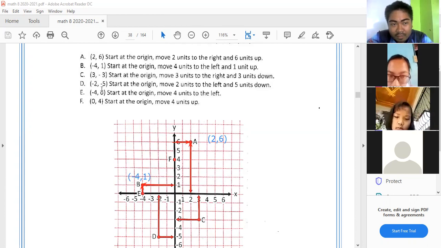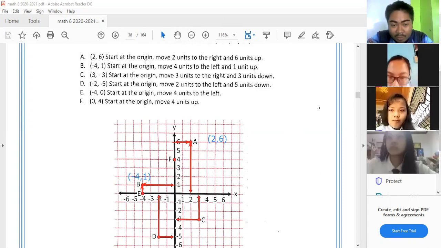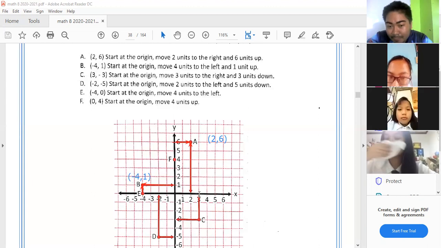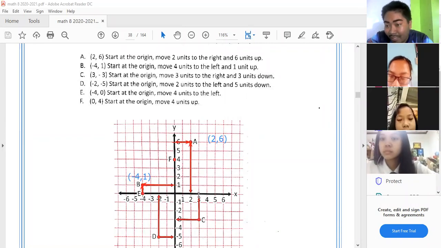Ayan. Next, we have (3, -3). So, saan naman si (3, -3)? That's positive 3 pala. Sorry, (3, -3). So, positive 3, tataas ka or bababa? Tataas. Starting from 3, hahanapin mo si negative 3. Nasaan ba si negative 3?